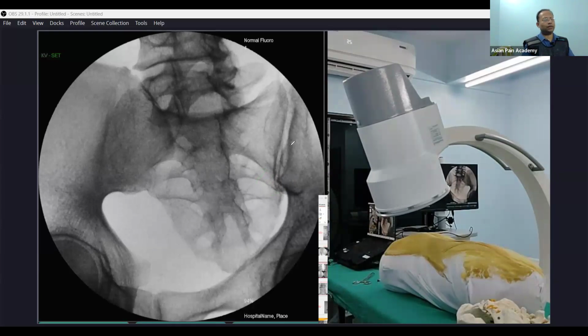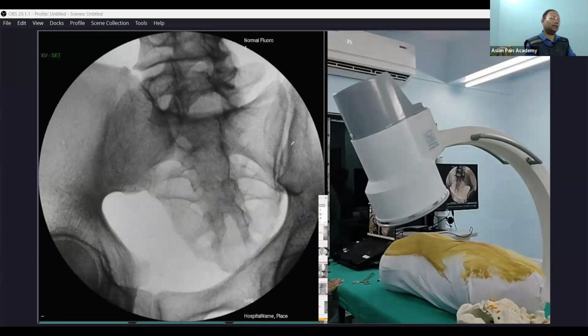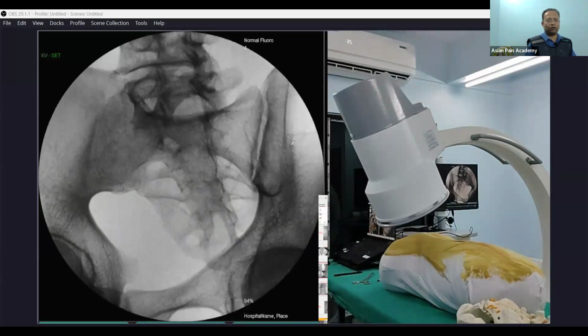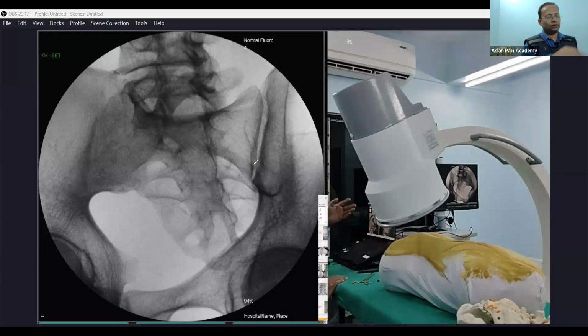So it is gradually coming together, and you cannot expect that complete overlapping will be there. If some part is overlapped, you should be happy. So this part is overlapped and you should be happy. We can try to see if a bit more overlapping can be done, but I think this is acceptable.